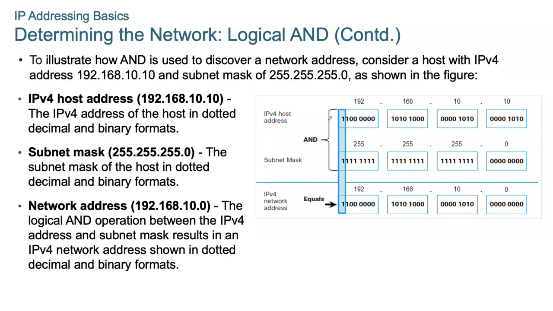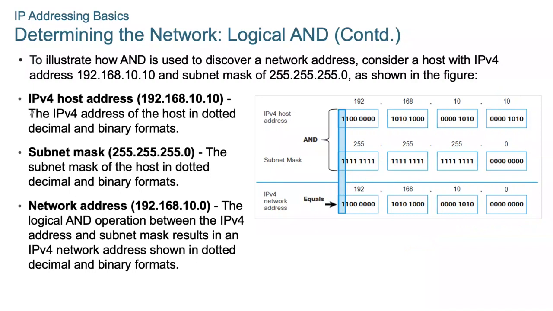That means the first bit of your address and the first bit of your subnet mask are ANDed. Similarly, the second bit with the second bit, the third bit with the third bit, so bit by bit. If you do this subnet masking, that equals this. From here, you are able to find the network address. In that network, this is the 10th host.